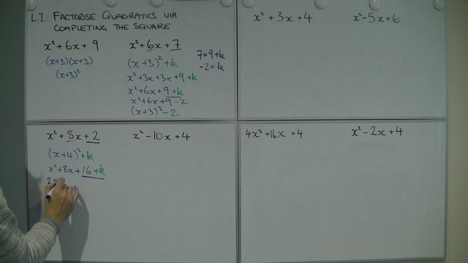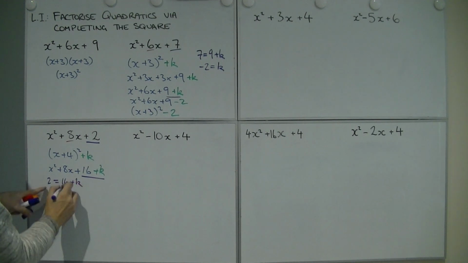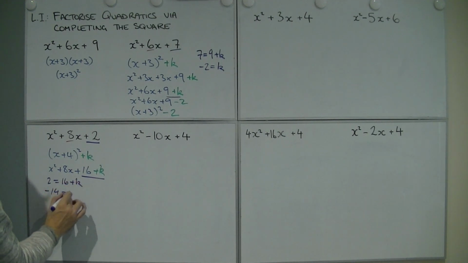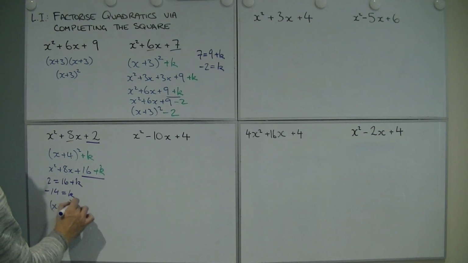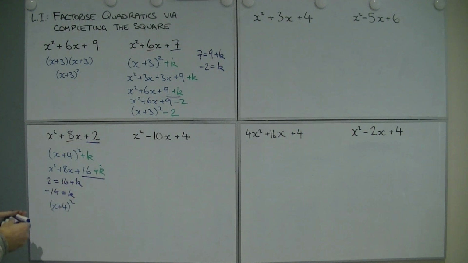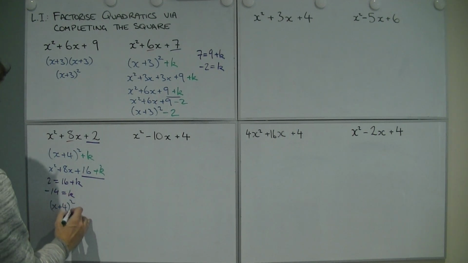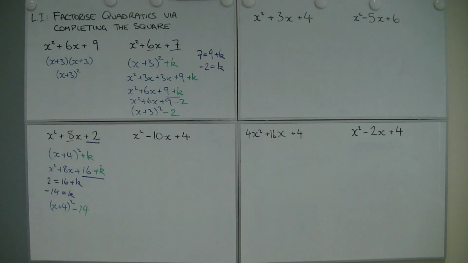So 2 has to equal 16 plus k, minus 16 off both sides, k is negative 14. So I get my blue bit minus 14. Excellent.